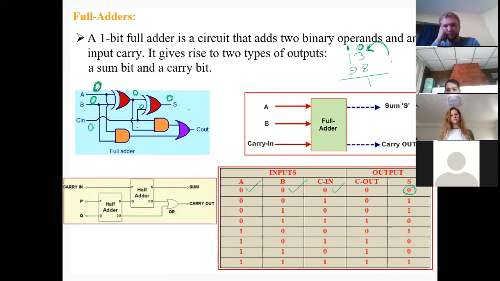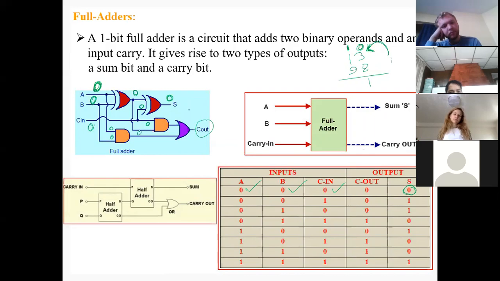Now, how about the carry then? So carry is this guy, right? This is carry. Now let's see. What is the carry? This is 0. What is this guy? 0. What is this guy? 0. This is an AND gate, right? 0 and 0.